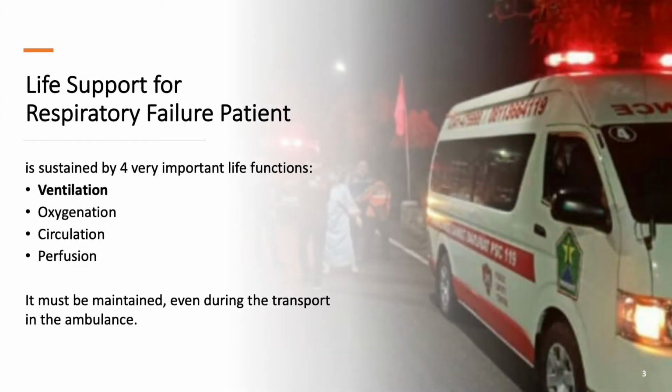Life support, including for those respiratory failure patients, is sustained by four very important life functions: ventilation, oxygenation, circulation, and perfusion. Ventilation, the first and the most important in this case, is movement of air in and out of the lungs. Ventilation depends on a negative pressure generation within the thoracic cavity, which draws air into the upper airway.